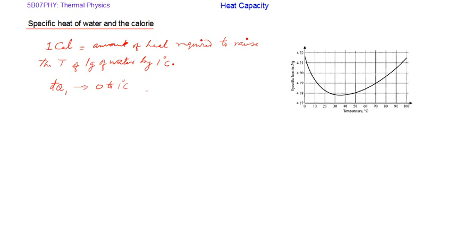Now let us say that I am heating 1 gram of water in another range, 30 to 31 degrees Celsius. For that you need to supply heat energy, and it was found by using accurate measuring devices that the heat required in the second case is not equal to the heat required for the first case.